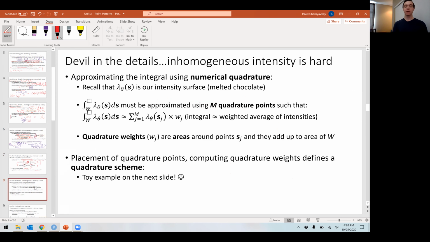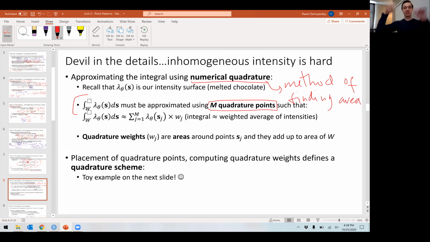How do we do it? There is something in mathematics called quadrature. Generally, quadrature is a method of finding area. And that works for an integral. So what we're going to do is take our integral and figure out what the height of our chocolate is at some number of quadrature points.